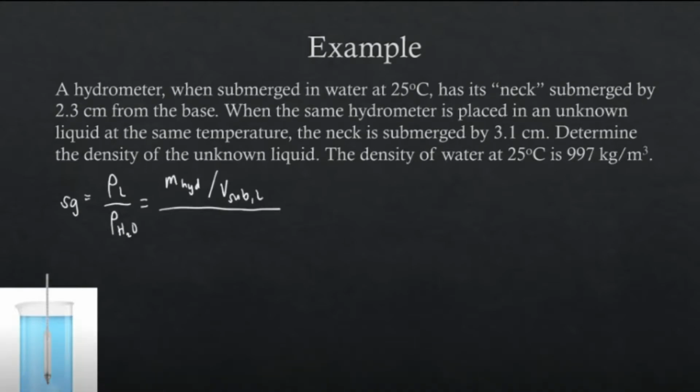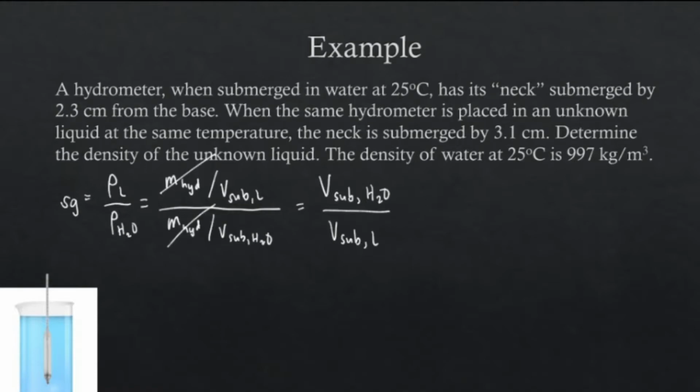Our numerator is for the unknown liquid and our denominator is the same, but this is for water: mass of the hydrometer divided by the volume submerged in water. Since we are using the same hydrometer, then the mass of the hydrometer is constant across the two liquids, so we can cancel that out. We will be left with the equation, the volume submerged when in water divided by the volume submerged when in the unknown liquid.